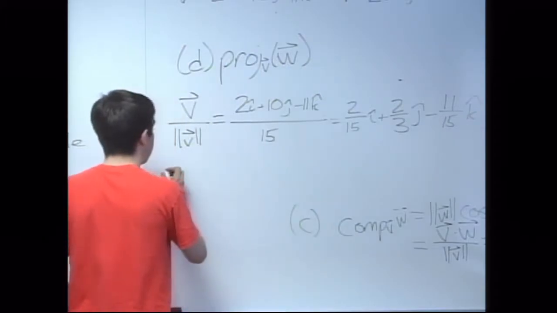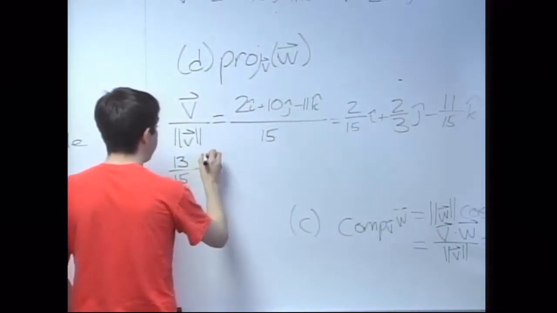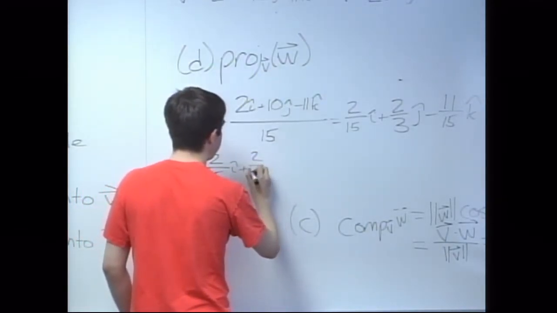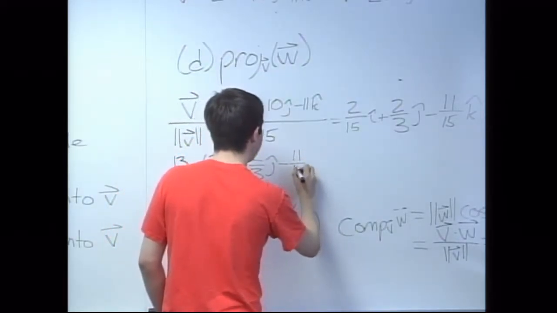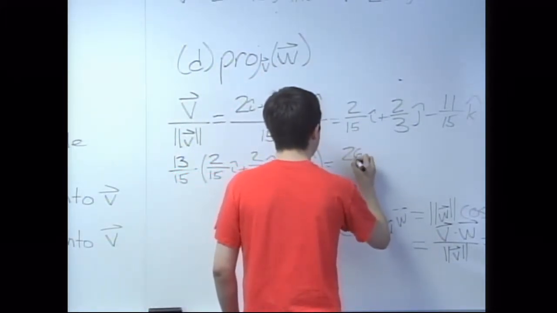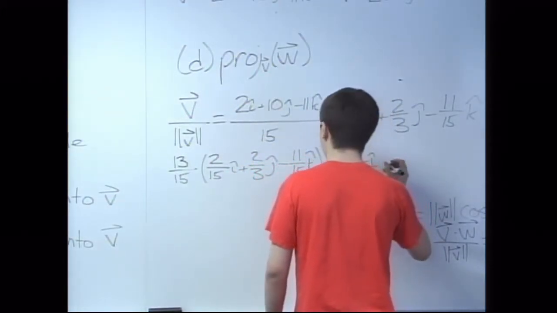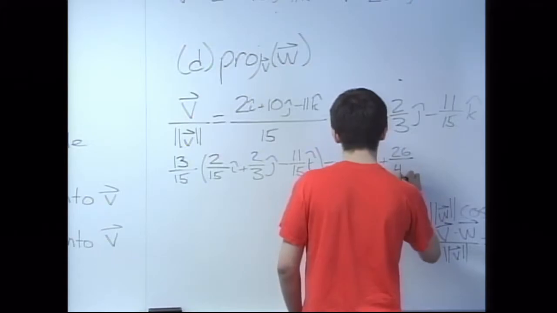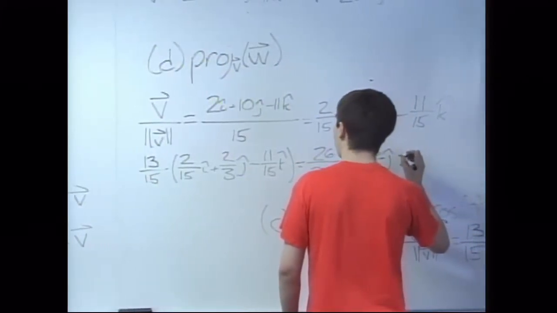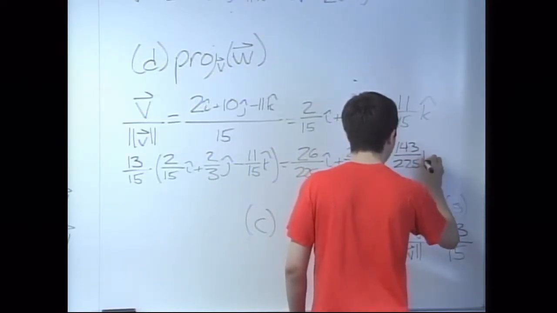So if I go ahead and do that, I'm going to multiply what we just got by 13/15, which is what the component of w onto v is equal to, times 2/15 i hat plus 2/3 j hat minus 11/15 k hat, which is equal to 26/225 i hat plus 26/45 j hat minus, 13 times 11 is 143, over 225 k hat.